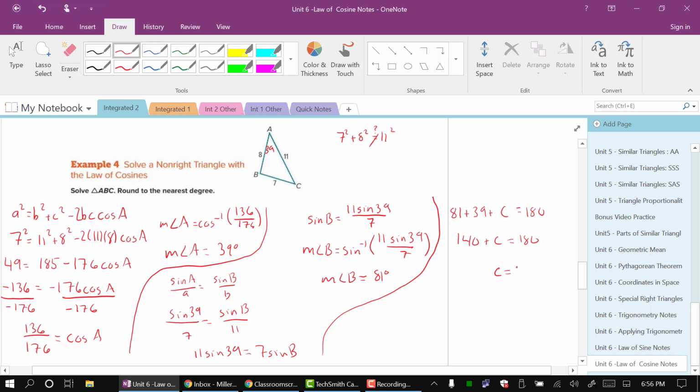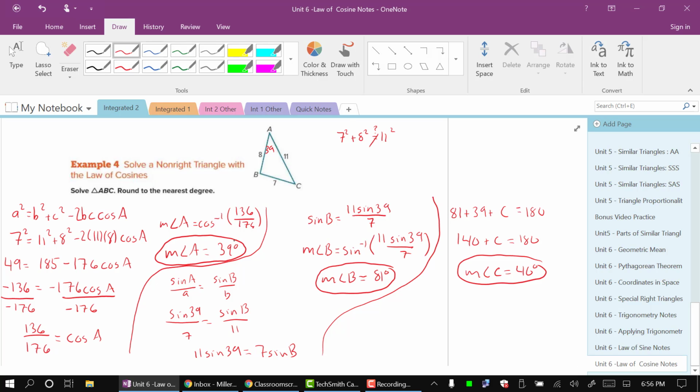So C equals 40 degrees. So those are our three angles. So it did take a lot of work for us to find it, but we were able to find it, and that's the important part.